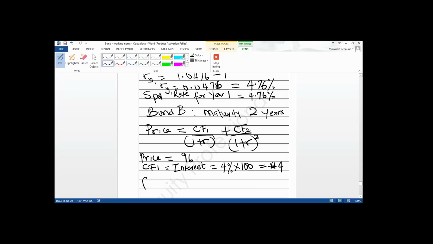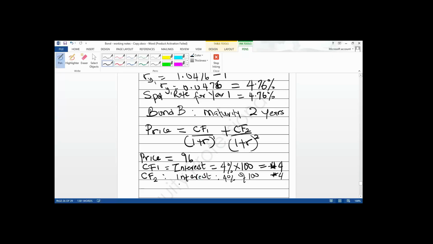Cash flow in year 2. Interest is 4% of 100 naira, which is 4 naira.